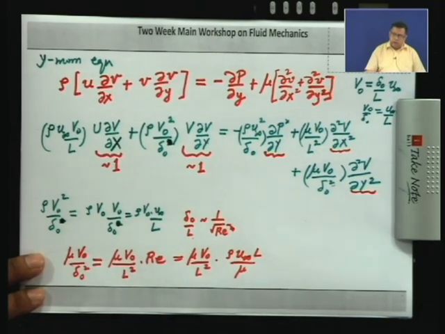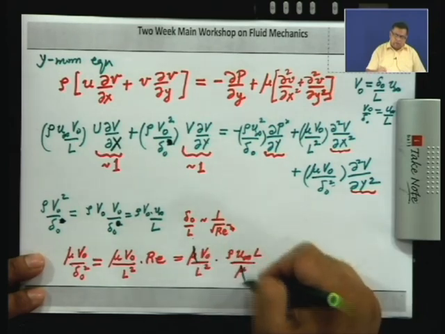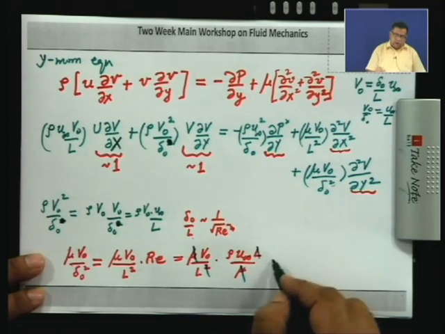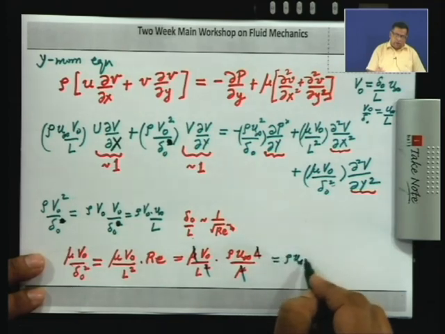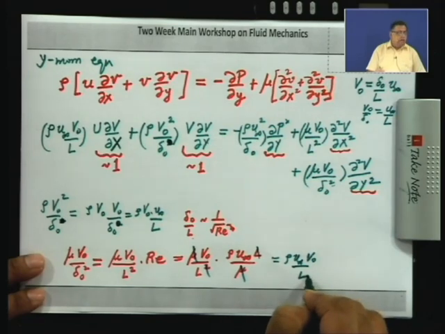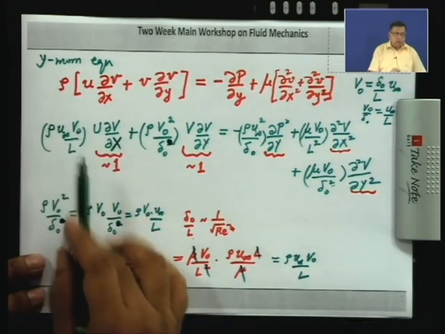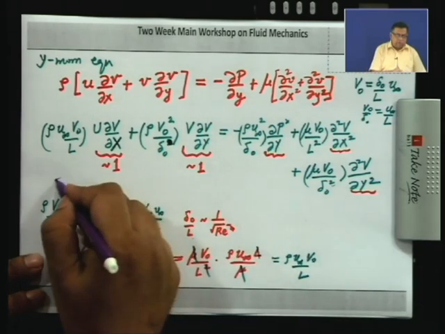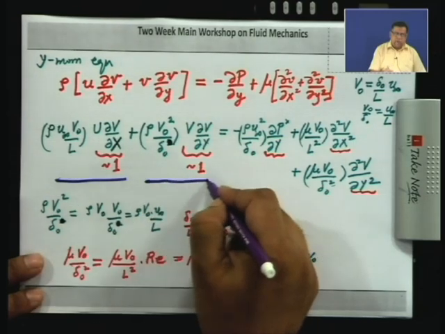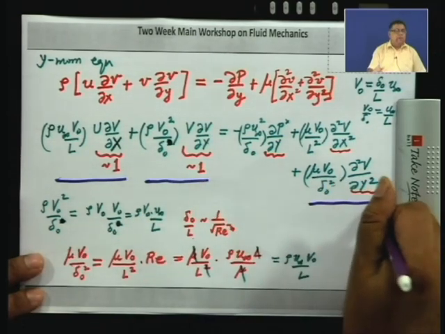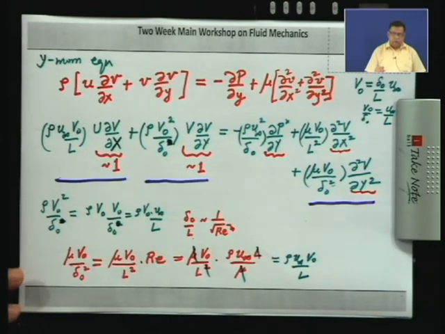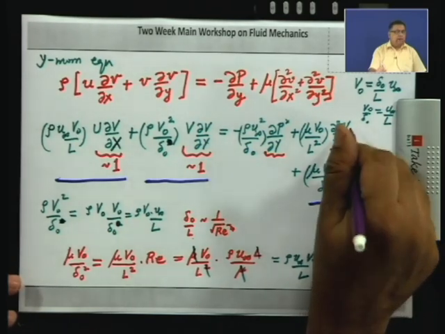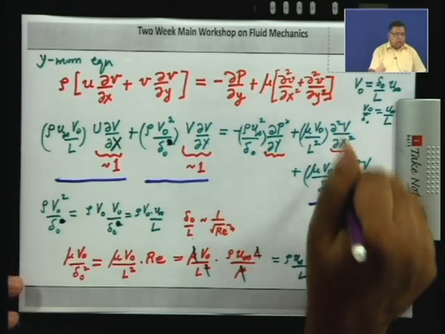Now, you see that the mu is cancelling out, and this L will cancel with one of this L squared. So, you get rho u infinity V naught by L, which is exactly what we have over here. So, that means if I underline the terms which are same order of magnitude, this term is of the same order of magnitude as this term, and is of the same order of magnitude as this term, and this we can see is going to be much less than this, provided the Reynolds number is much greater than 1.